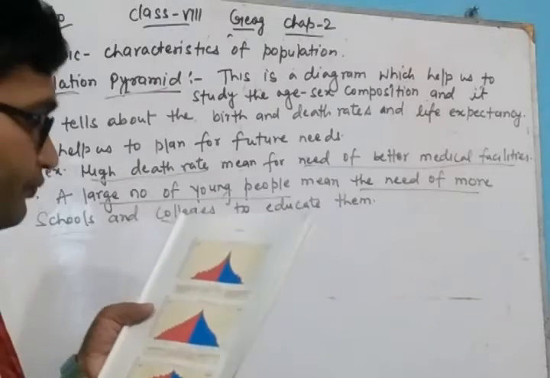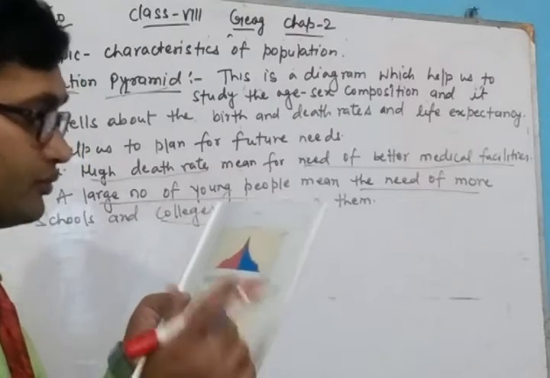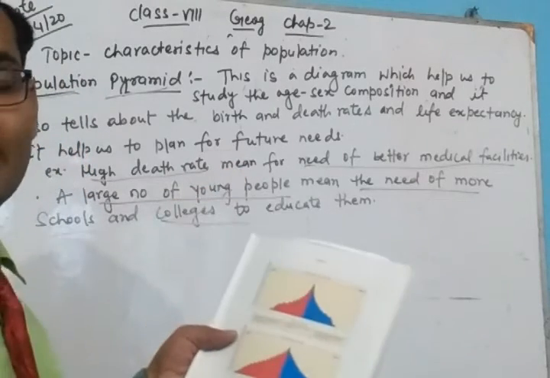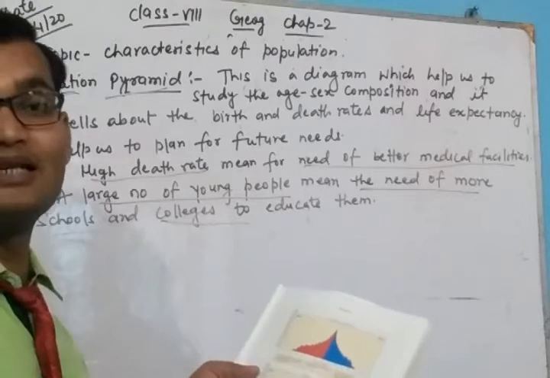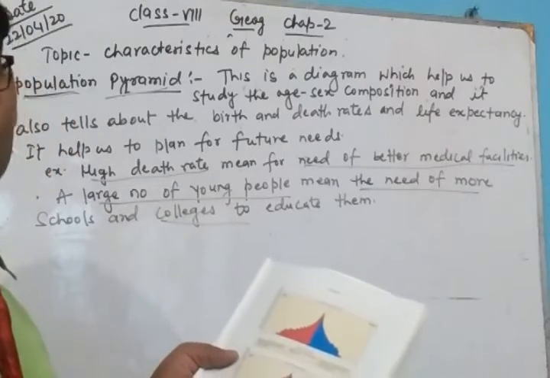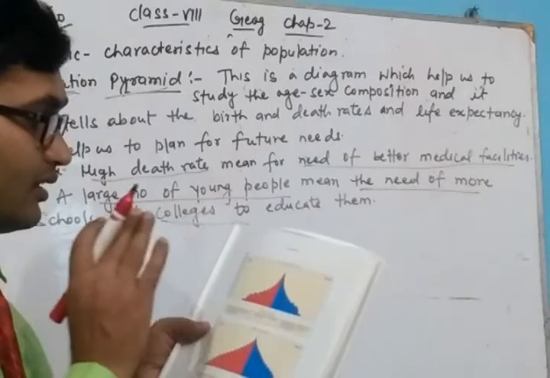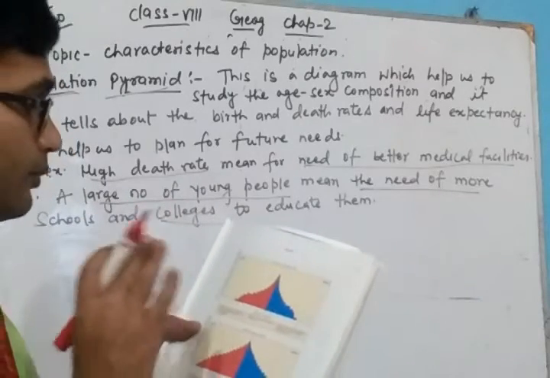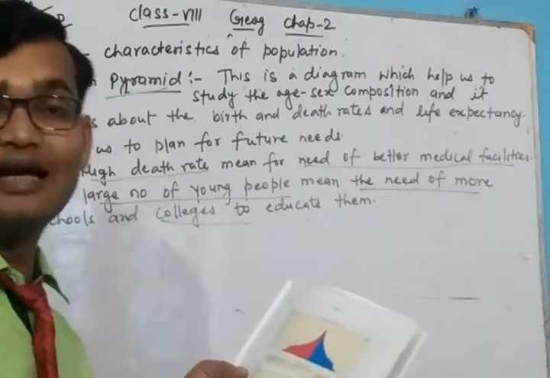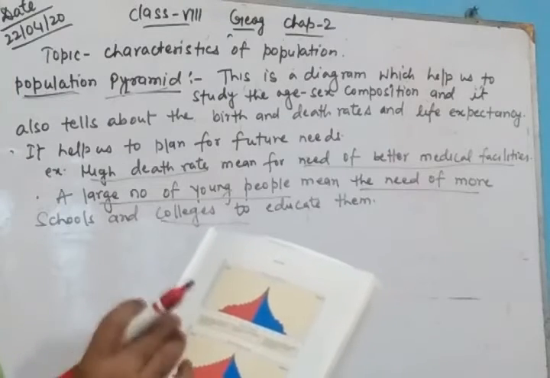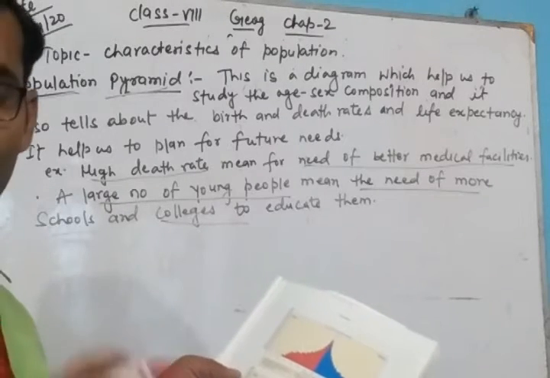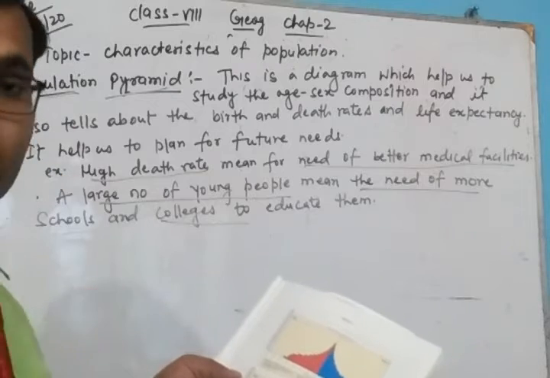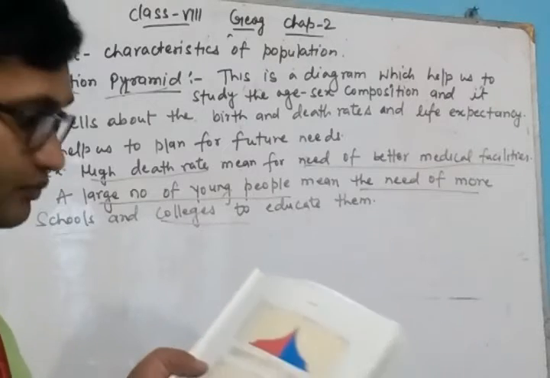The narrow top shows a very low life expectancy. Very few people reach 80 or 90 years old. This means they have a very low life expectancy, and they die between 60 and 65 years.